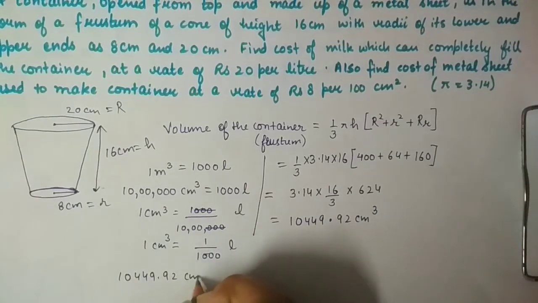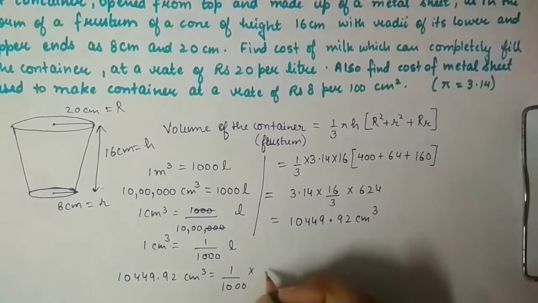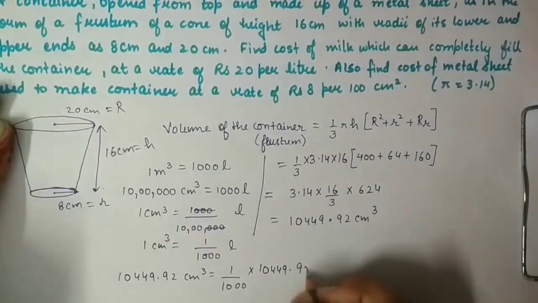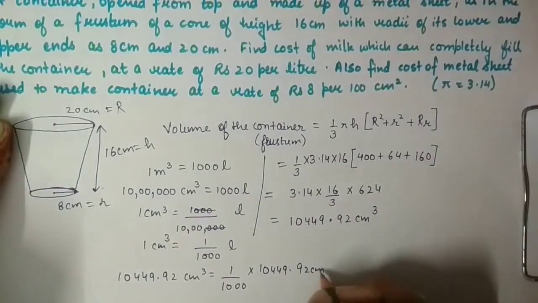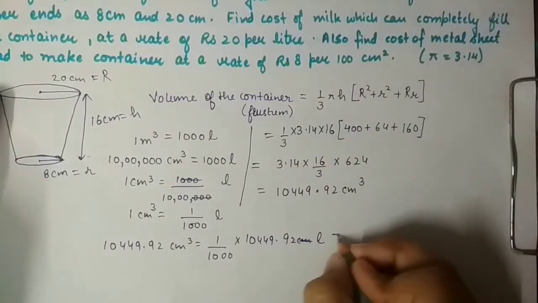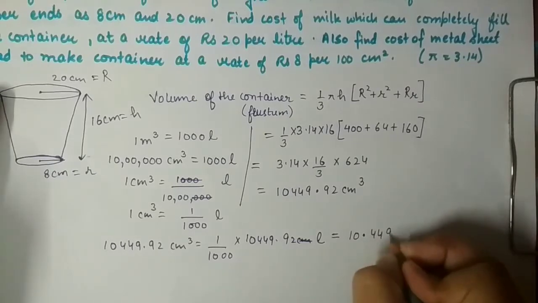So if 1 centimeter cube is equal to 1 upon 1000 liters, then 10449.92 centimeter cube will be equal to 1 upon 1000 into 10449.92 liters. So this is equal to 10.449 liters.